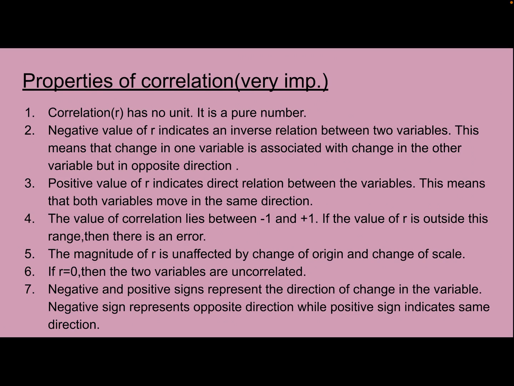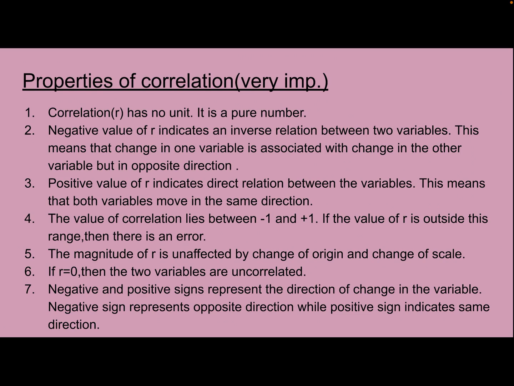Negative correlation meant that the change between two variables is in the opposite direction. So here too, if you find out correlation and your answer comes out in negative, that means both the variables are related but negatively.